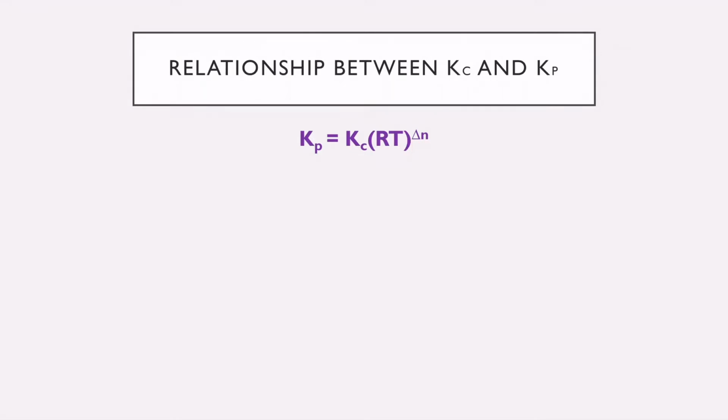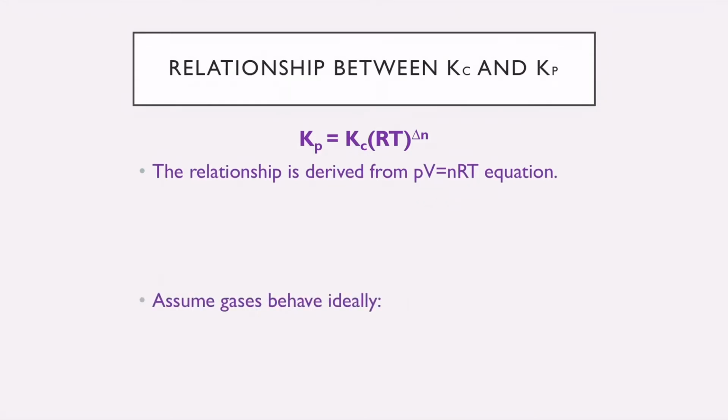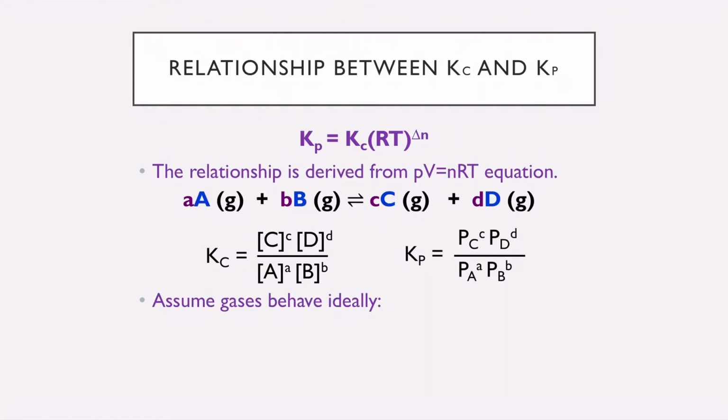So how do we relate Kc and Kp? It is by using the ideal gas equation PV equals nRT. So how can we do that? First, we're going to have to assume that our gases are behaving ideally. So for this reaction, if we write the expression for Kc, we get this, and Kp, we get this.